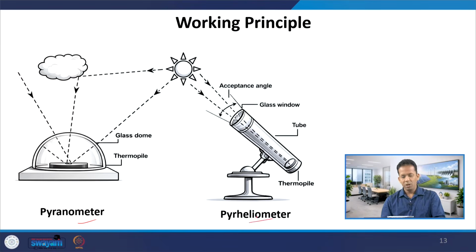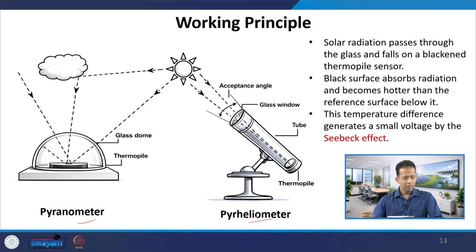Both the pyranometer and the pyrheliometer have a similar working principle. It has a glass dome at the top; the radiation penetrates through this glass dome and gets absorbed by a thermophilic material, which is typically black in color, a good absorber. That material is connected to a reference surface, which generates a temperature difference and a small voltage.